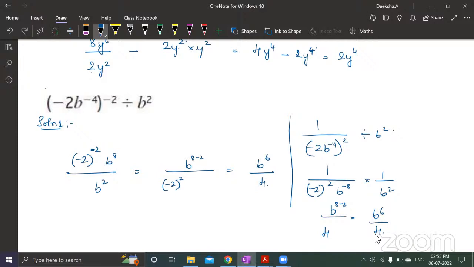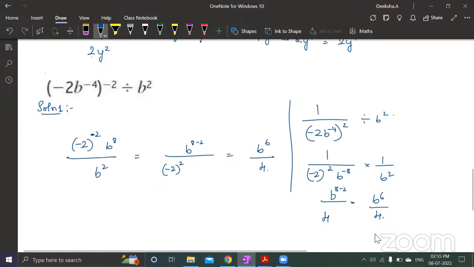Now, depending on the options, you will have to choose the answer. The options might not have been given as b power 6 by 4. Instead, they could have given it as 2b cube whole square, or like 2 power minus 1, b power minus 3, minus 2.